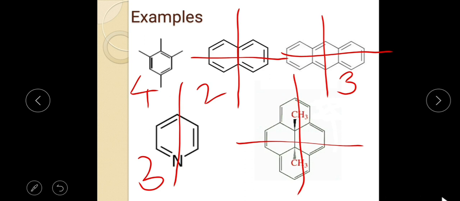So can you calculate how many protons on the axis? We need to consider this axis up to here and this axis up to here, because the other parts are similar. So on the axis there is one proton over here, methyl group. Second, on this axis there is no proton. So 1, 2, 3 and 4. So this molecule will have only 4 non-equivalent protons.